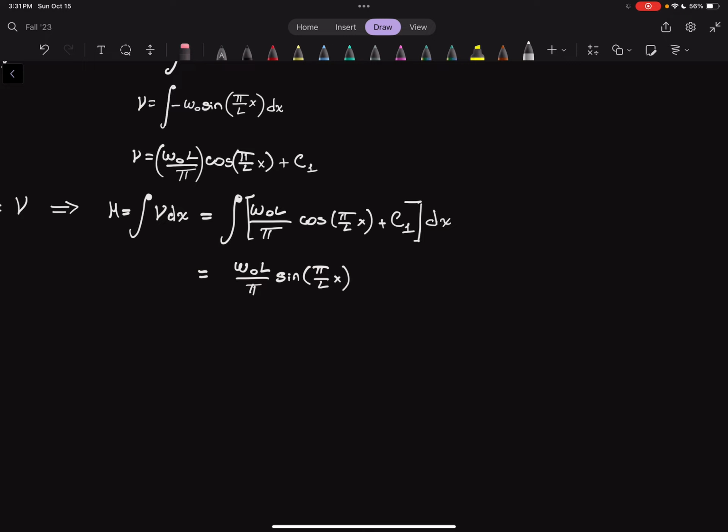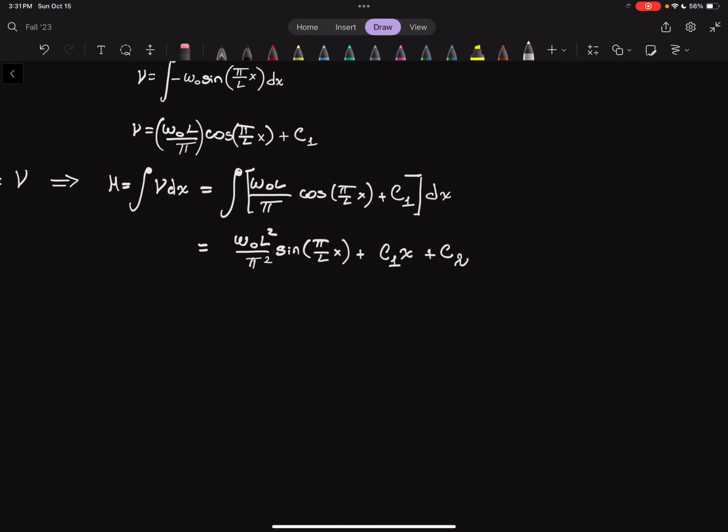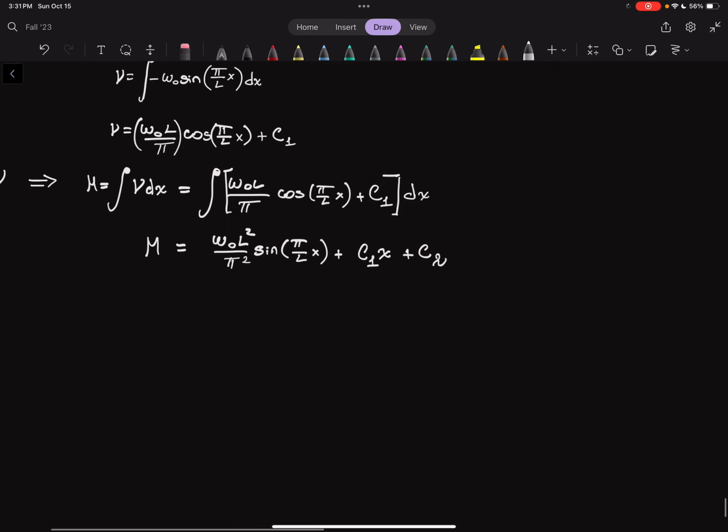So it must have been L squared and a pi squared. And then we have plus C1 x plus C2, right? And this is going to be my M function.